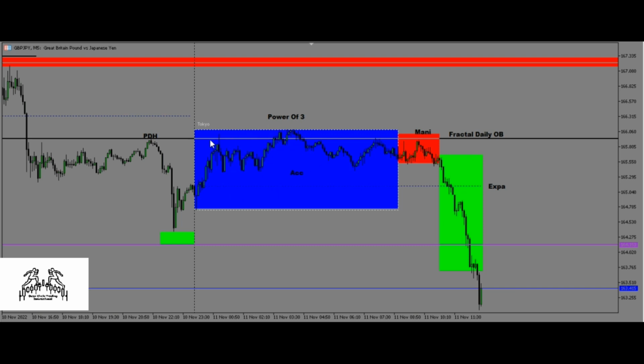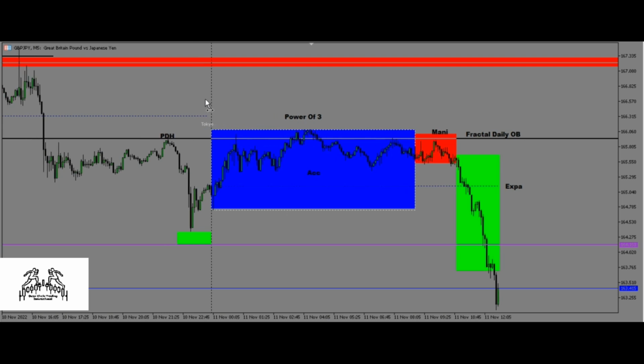Now when price is in the manipulation phase, we say that it is going to clear the Asian high and also seek liquidity on the previous daily high or an area of an order block. But if those things are not present, then you cannot anticipate price to rally up to clear the Asian high.